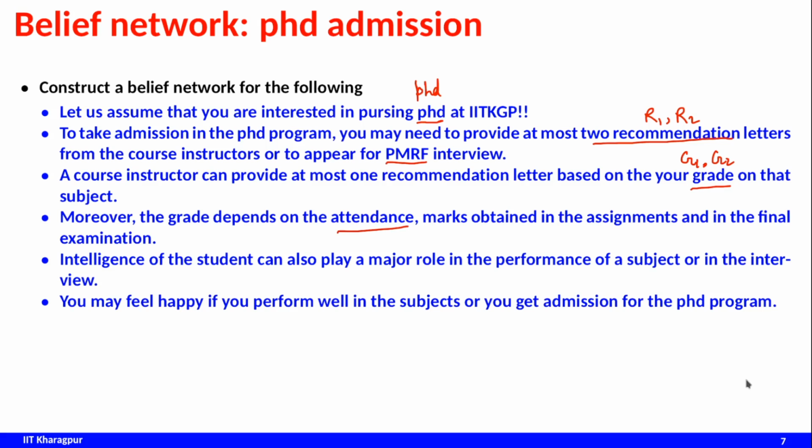Let me call these A1 and A2, assuming you have 2 different attendances in 2 different subjects. Marks obtained in the assignments, so let me call these AS1 and AS2. That is the marks, and the marks in the assignments and in the final examination. So let me call these F1 and F2.